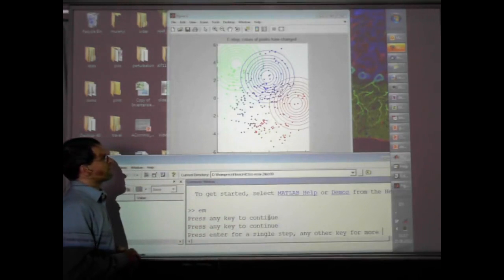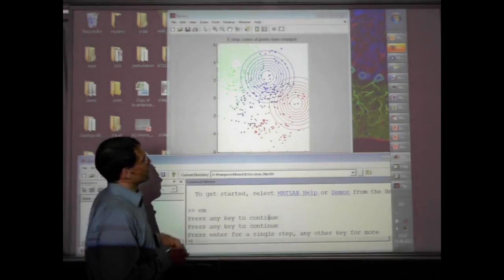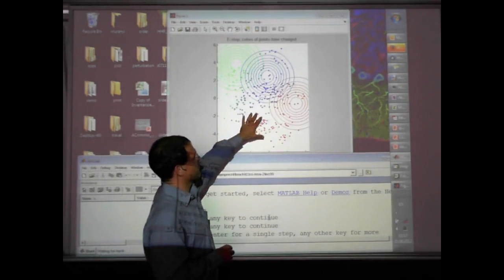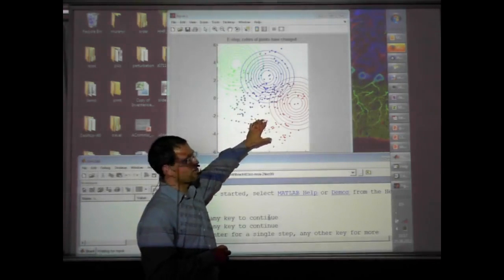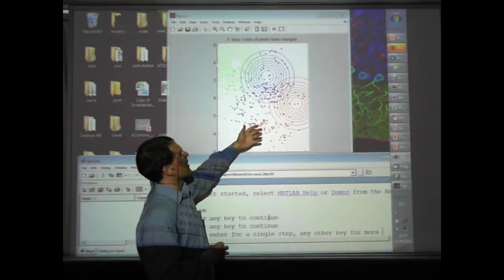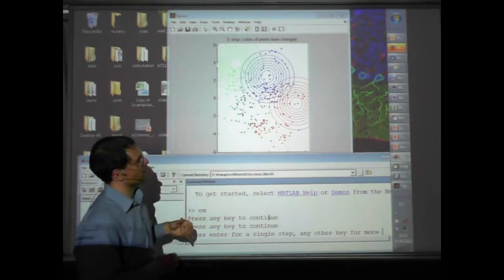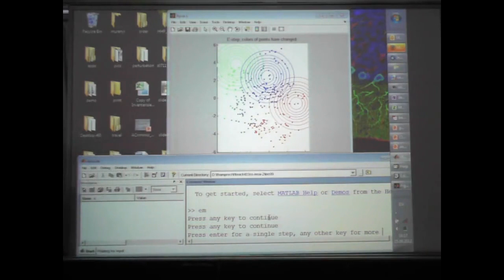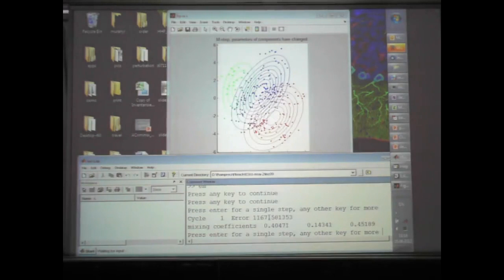So what we have observed are just the points. What we have put in is this model, 3 Gaussians, and which point was generated by which Gaussian, because that's part of the modeling assumption, that is the hidden variable. That is something we will try and infer using the EM, the expectation maximization algorithm. So now I'm going to update the Gaussian centers and the covariance matrices.